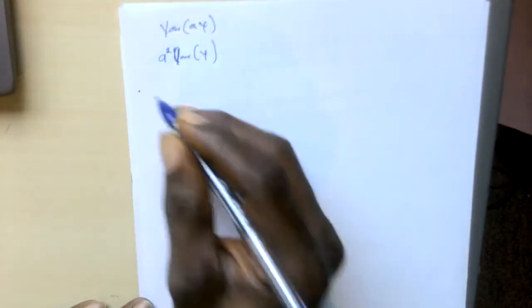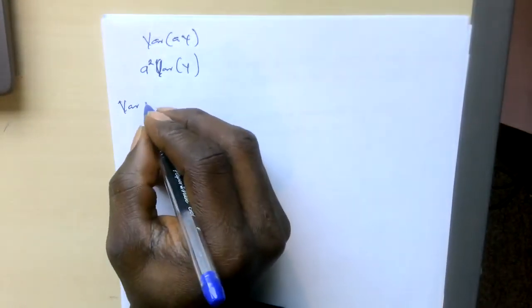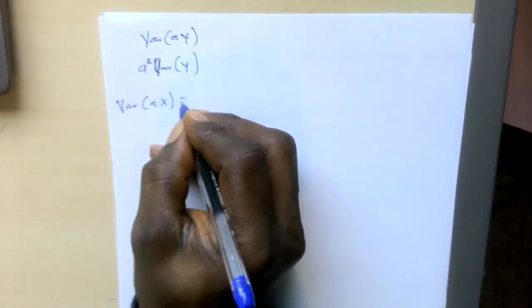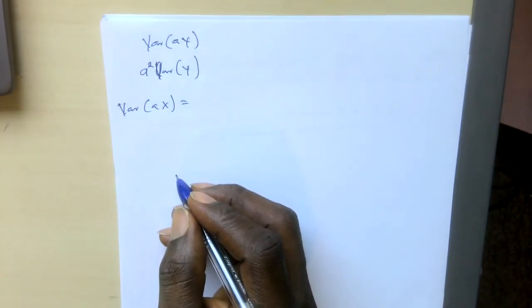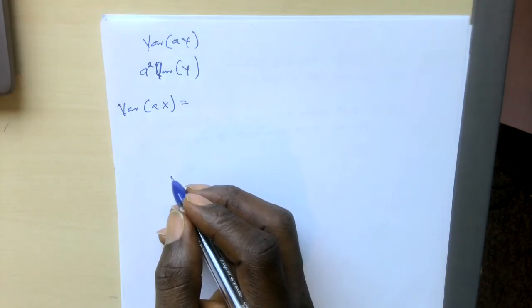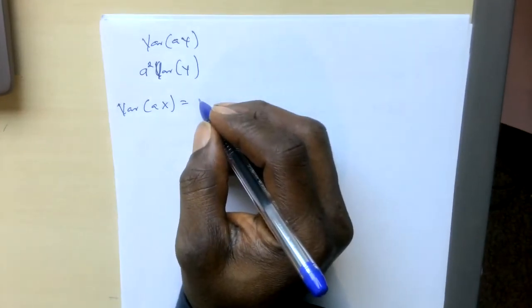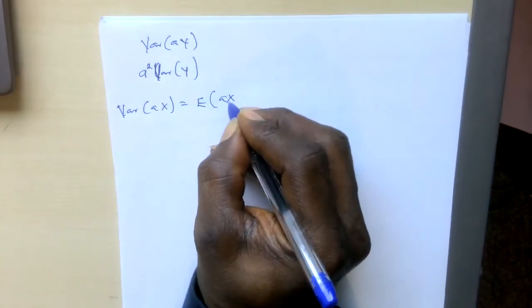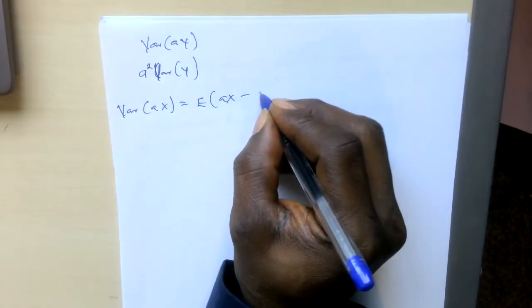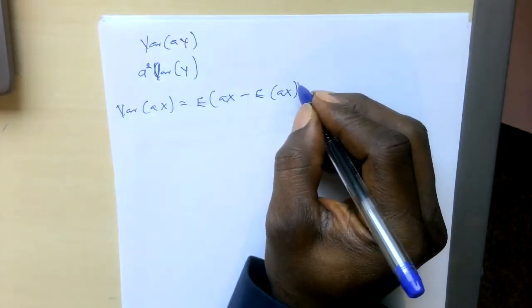So now, the variance of ax equals the expected value of ax minus the expected value of ax, all squared.